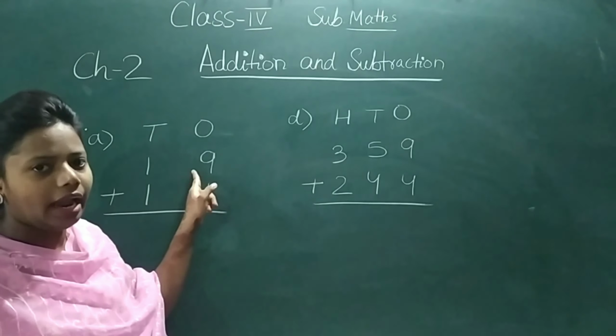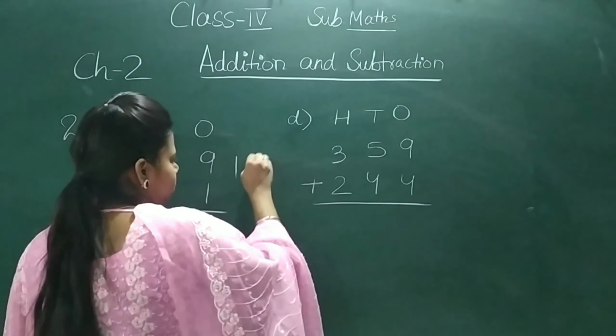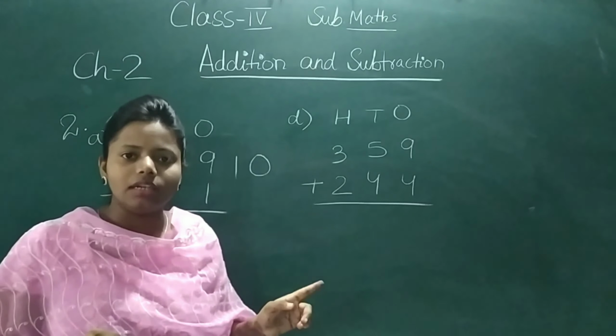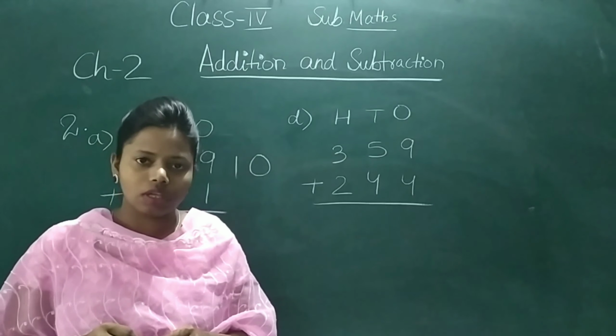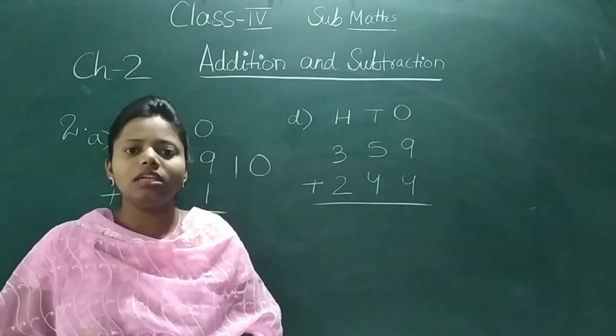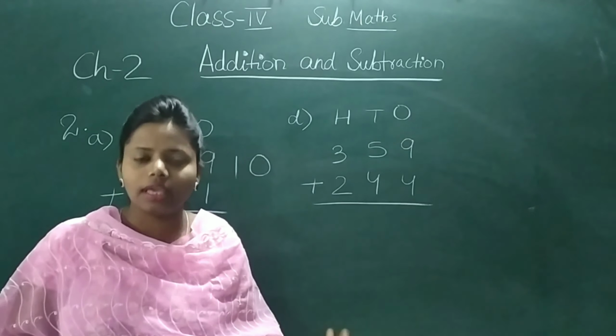When you add 9 plus 1, how much do you get? 10. Can you see that in 10, 2 digits are there? It is a 2-digit number. So in addition, when you get a 2-digit number, that means you have to carry.